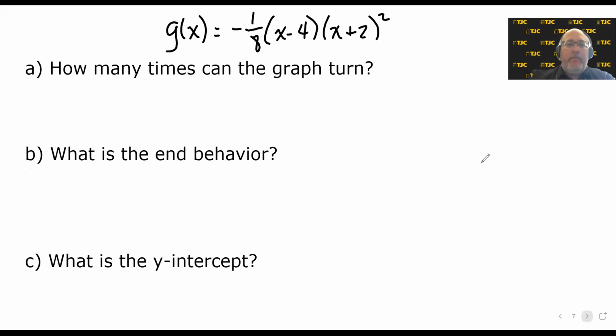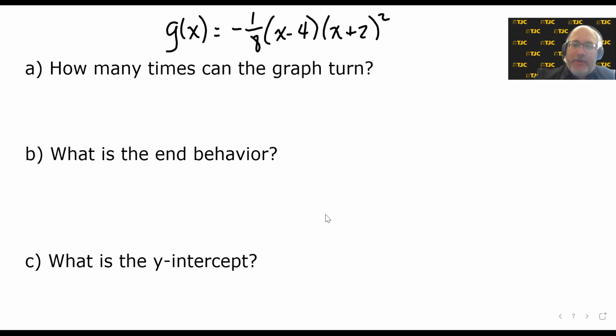All right. Let's start with how many times the graph will turn. Well, the problem with knowing how many times the graph will turn is that we need to know the degree. And the degree is kind of buried when the function is factored. So we need to expose the leading term so that we can figure out the degree. But we're going to need to expose the leading term anyway to find the end behavior.